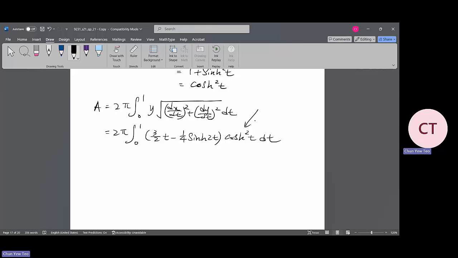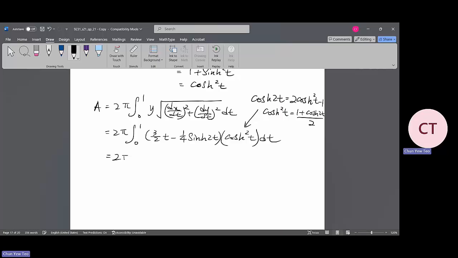We know the double angle, so we relate it with the trigonometry formula: cos 2t is equal to 2 cos squared t minus 1. So cos squared t is actually 1 plus cos 2t divided by 2.